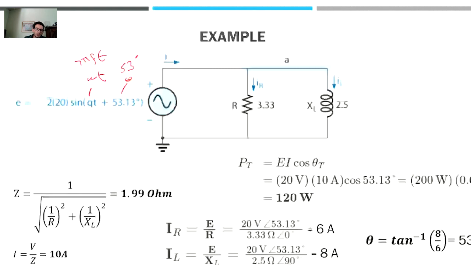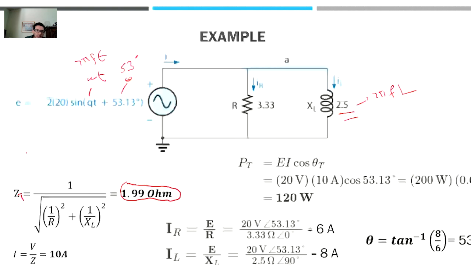Okay, so for that we do the same thing. We find the total impedance, which is 1 over the square root of 1 over the reactance because of the resistor plus 1 over the reactance because of the inductor. We already know the reactance because of the inductor. It's 2.5. If not, we would simply do 2 pi f times L, and we know that the total impedance is 1.99 ohms.